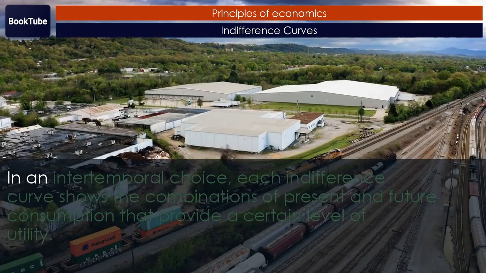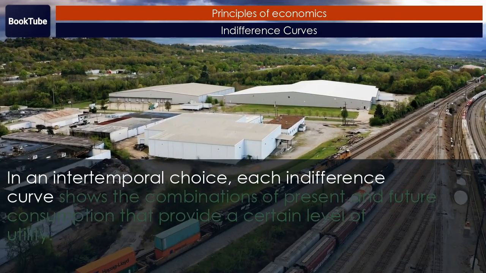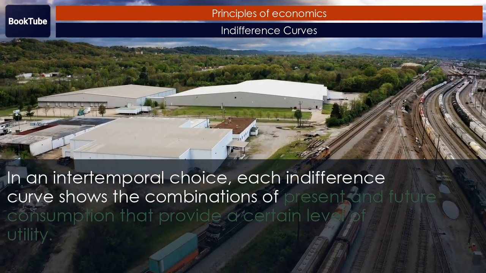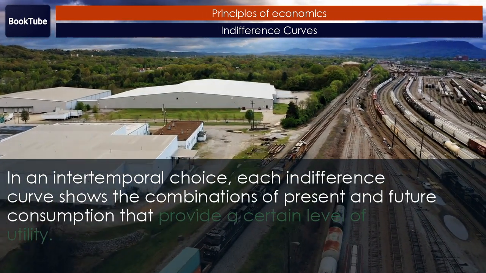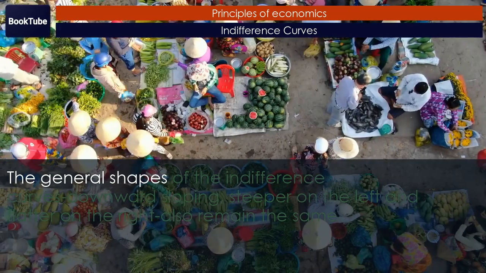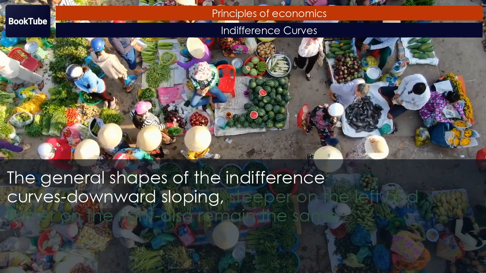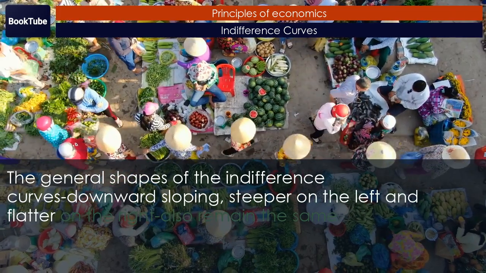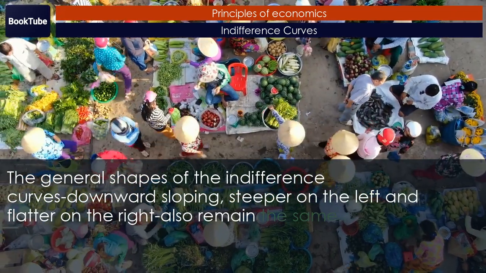In an intertemporal choice, each indifference curve shows the combinations of present and future consumption that provide a certain level of utility. The general shapes of the indifference curves, downward sloping, steeper on the left and flatter on the right, also remain the same.